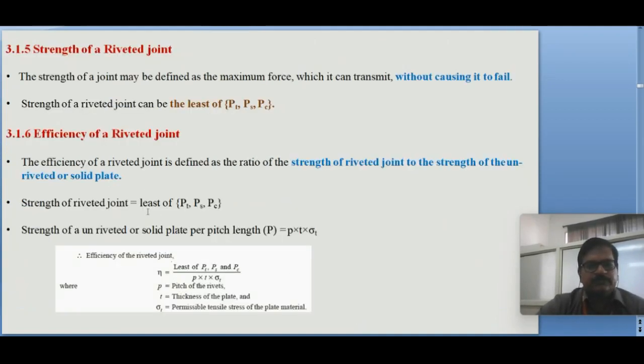The efficiency of a riveted joint is the strength of the riveted joint divided by the strength of the unriveted plate. The least value of shearing, tearing, and crushing is taken as the strength, that is in the numerator. In the denominator, it is the strength of the unriveted or unholed plate. So, width of the plate into thickness of the plate into the tensile strength.